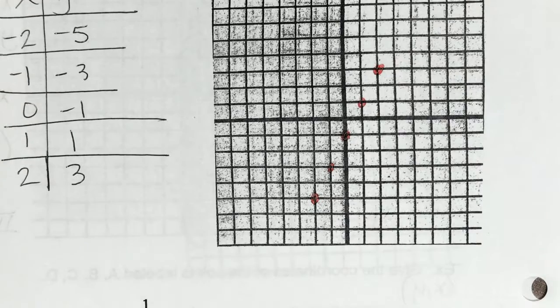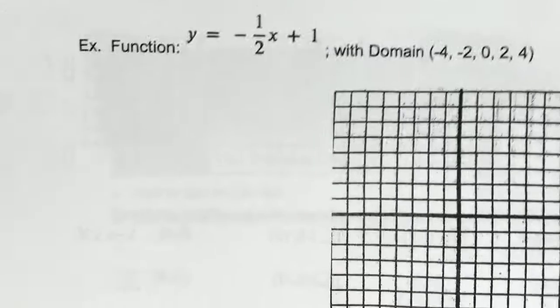Again, I'm going to say it. Do I connect those points? No, because this is a discrete function. So I'm done. Are we good? Yep. All right, go do the next one on your own.